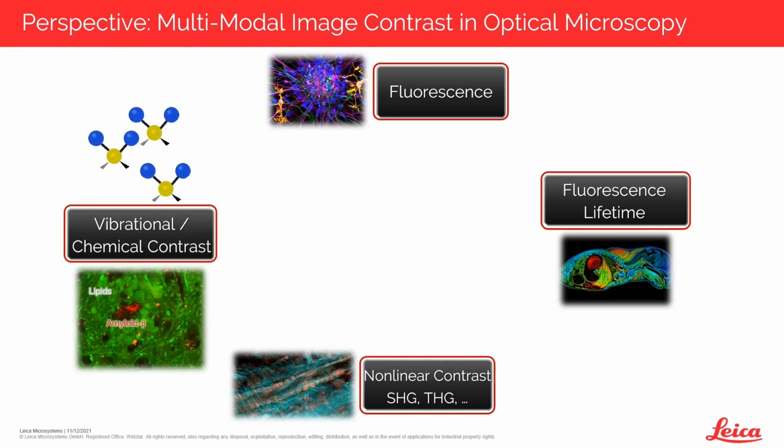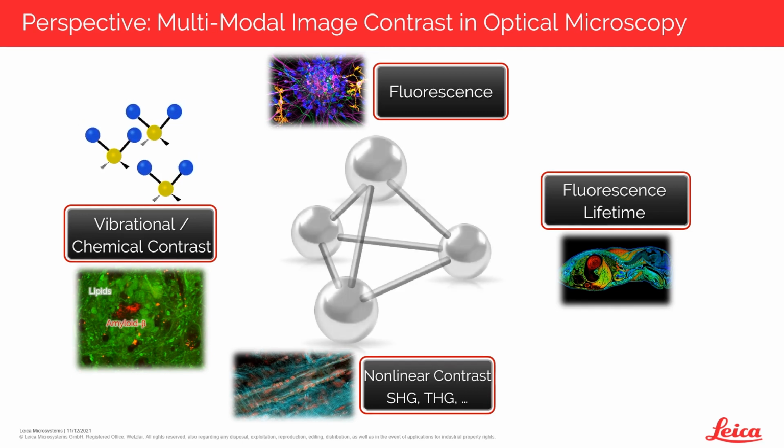This provides information on the major biochemical constituents of the sample, where these are localized, how they move, and how they are metabolized. At Leica Microsystems, we firmly believe that the correlation of all these different contrast mechanisms provides highly synergistic information that is greater than the sum of its parts.